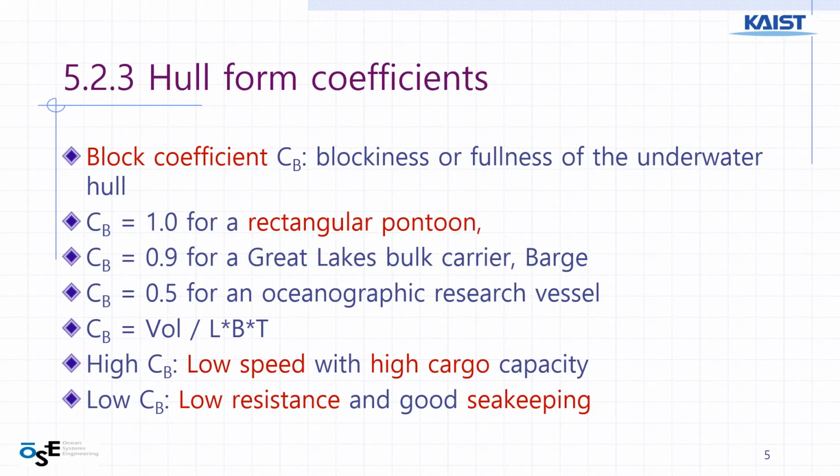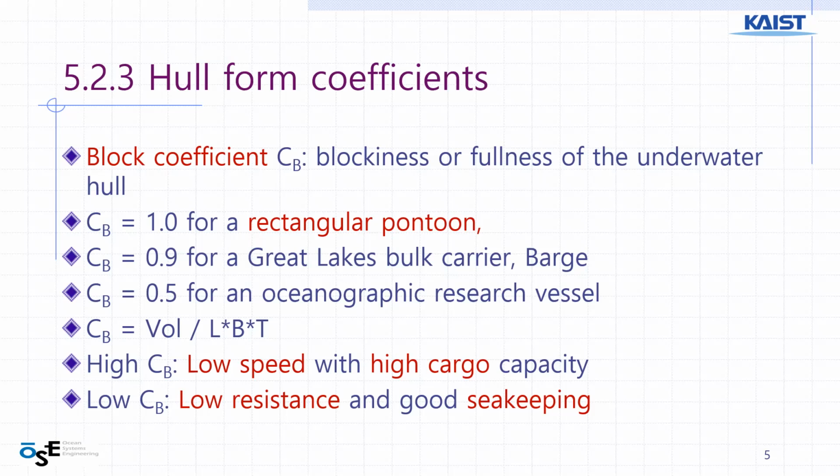And 0.5 is low, you can say a low range of block coefficient. And an oceanographic research vessel has that kind of range of coefficient. And the definition, this is LBT, length, breadth, and depth. Because we are only talking about the underwater body, there is a size of the box that can contain the underwater body. Right? And then VOL is the volume of the ship. That is also the volume of the underwater part.